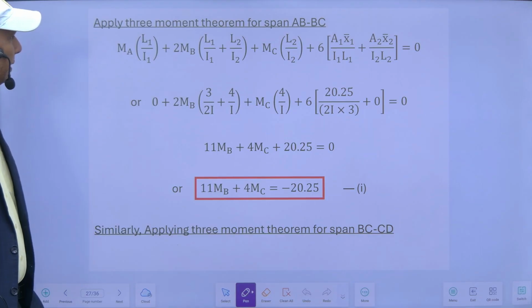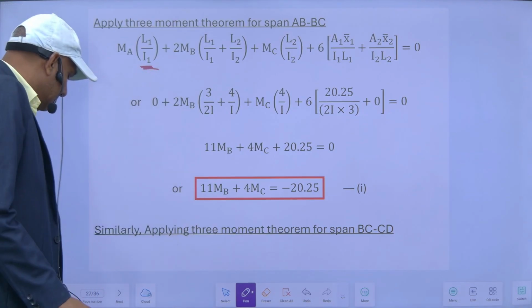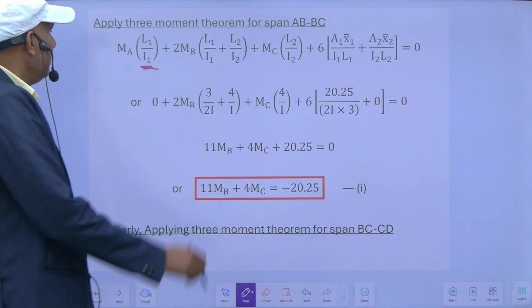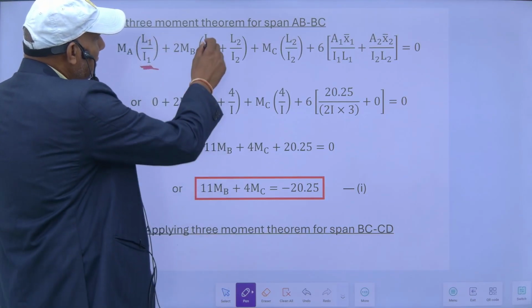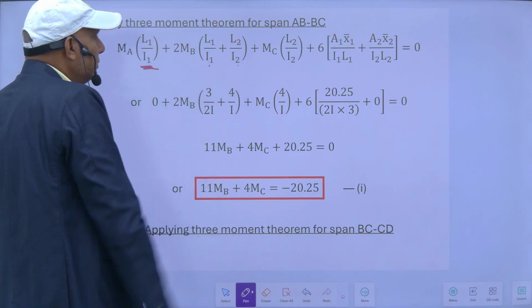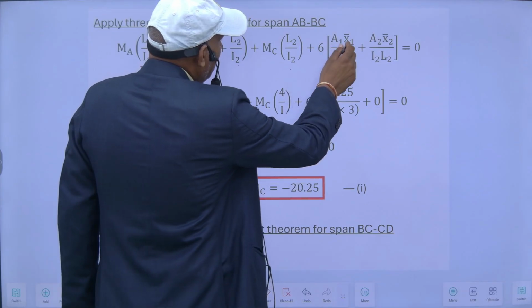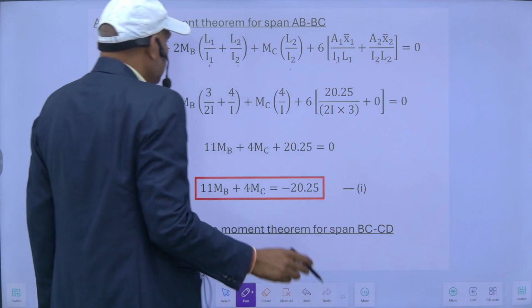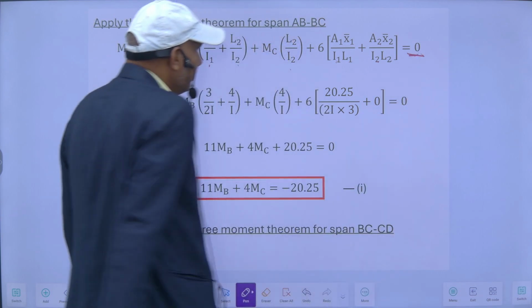Applying the 3-moment theorem, as my moment of inertia is varying, it will be MA L1 upon I1 plus 2 MB L1 upon I1 plus L2 upon I2 plus MC into L2 upon I2 plus 6 A1 X1 upon L1 I1 plus A2 X2 upon I2 L2, and with no settlement, it will be 0.